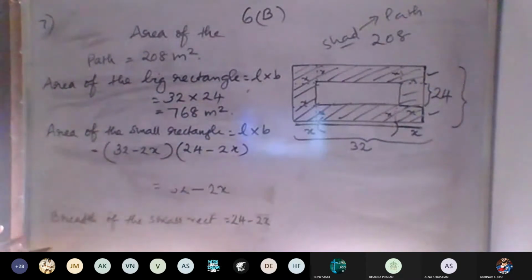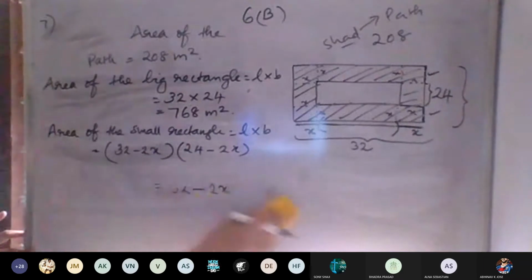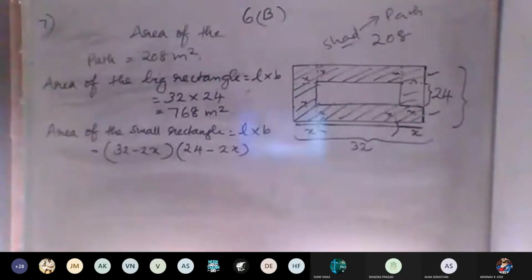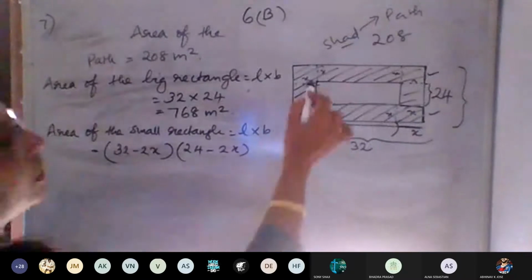Let it be there. Then we can form an equation. After that, we can solve. Area of the small rectangle is equal to length into breadth. So area of path means what?